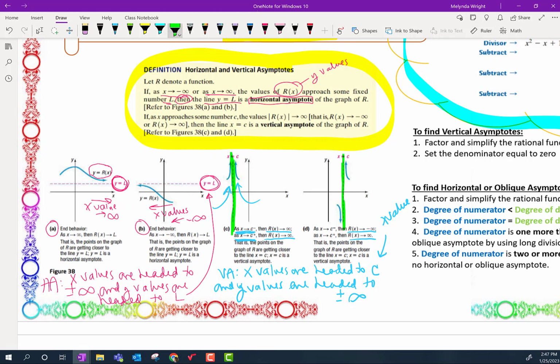Okay, so I'm going to pause here for just a second. Questions on vertical asymptotes? That's basically looking at it from a graphing point of view.